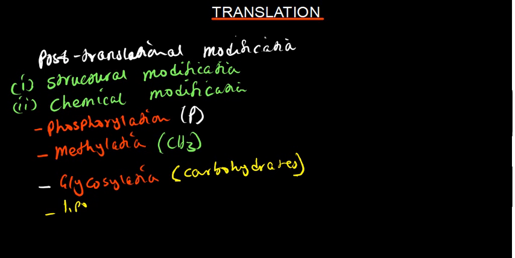That protein comes to be called a lipoprotein. So you can talk of different types of molecules that can be added to this protein. Then that particular protein can perform its normal function. We have a lot, but these are some which I can list. This is what happens in post-translational modification.